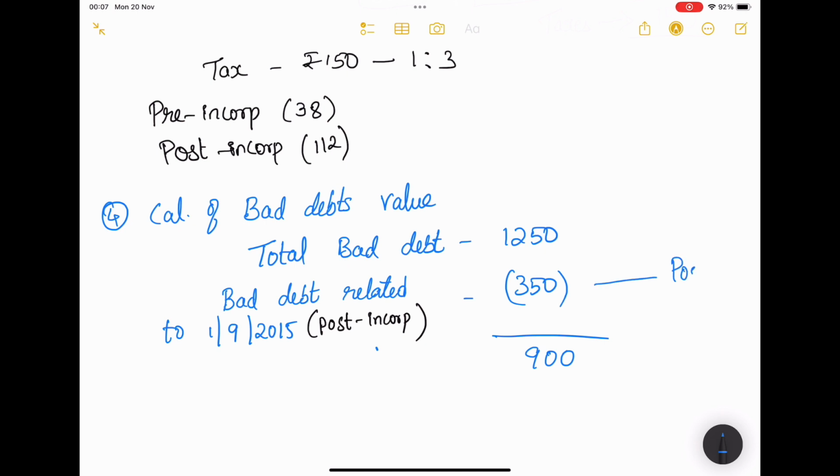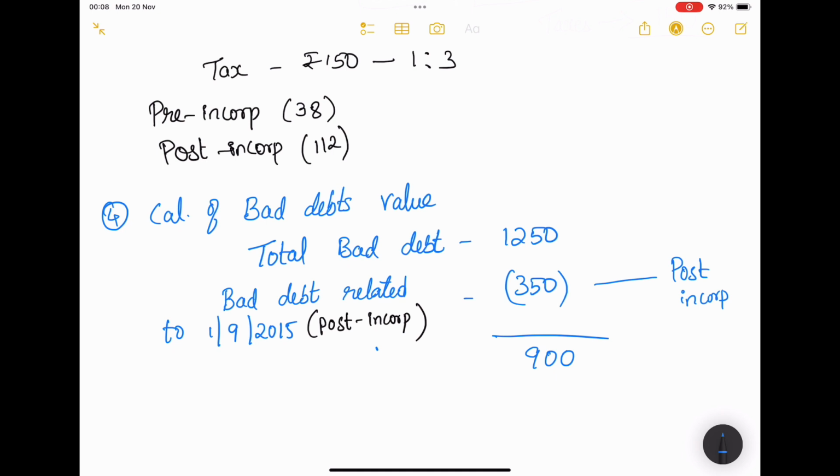If 350 is full and full related to post incorporation, how are we going to identify the 900's value, how are we going to distribute the value between pre-incorporation and post incorporation? That is how we are going to identify that. Got it?